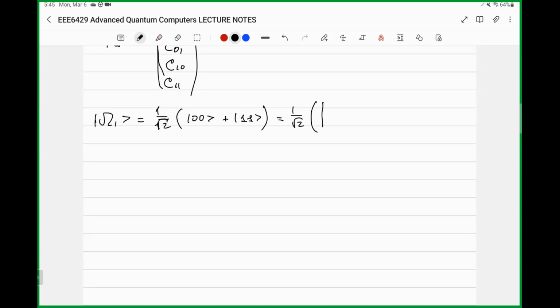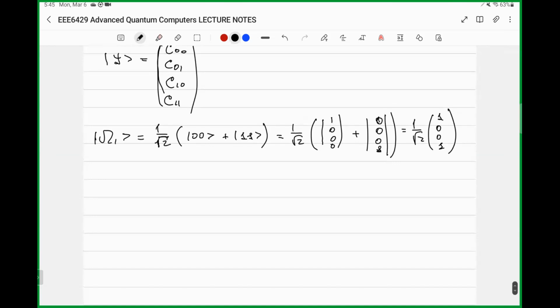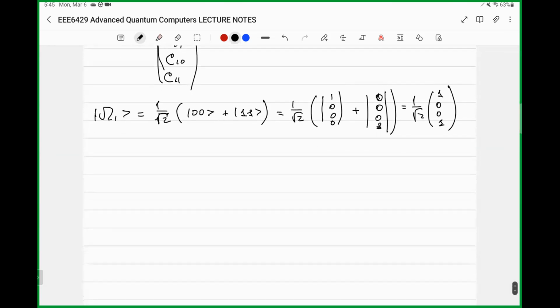The 0, 0 state is 1, 0, 0, 0, plus the state 1, 1 is 0, 0, 0, 1. And the result is 1 over square root of 2 times the column vector 1, 0, 0, 1. So this is an example of a vector with 4 elements.